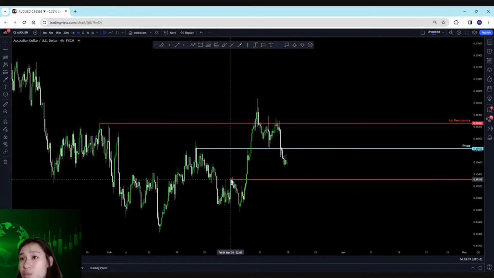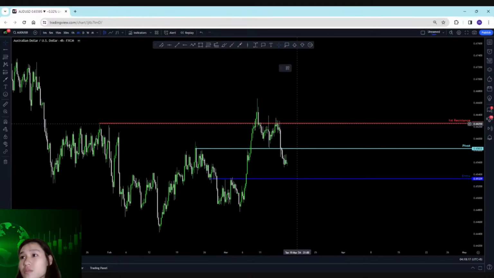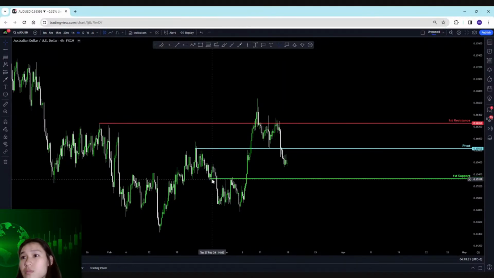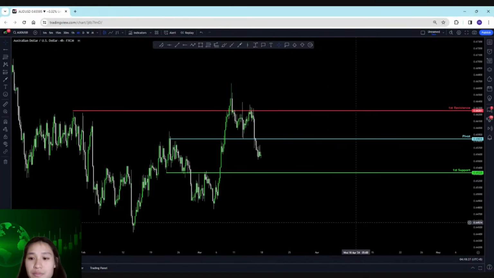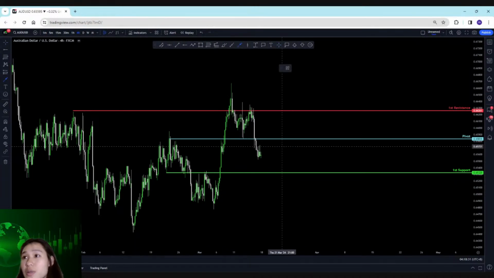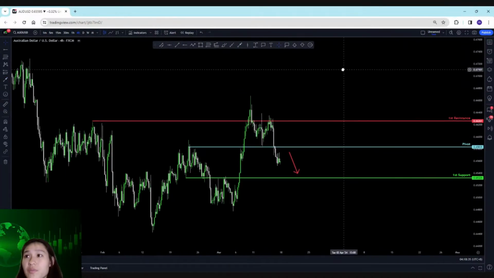And then my first support just at this swing high. So we are expecting price to continue to drop from our pivot to our first support.